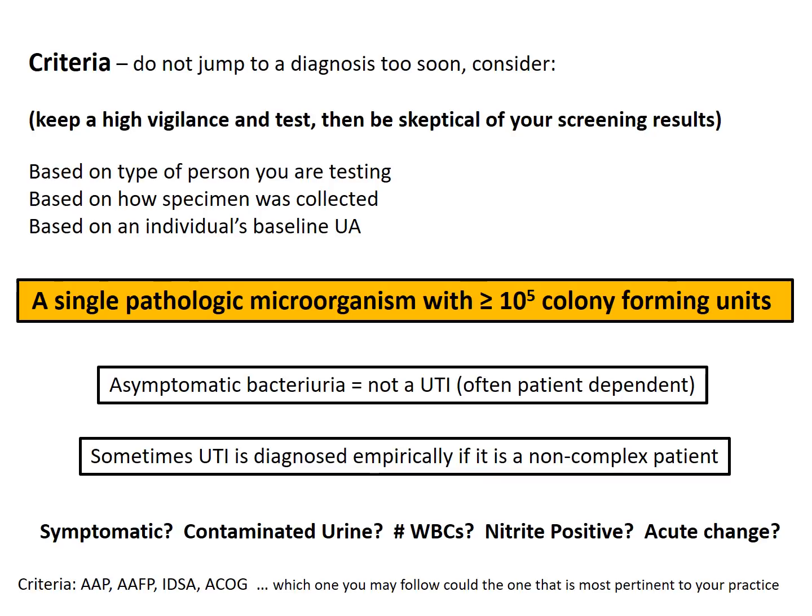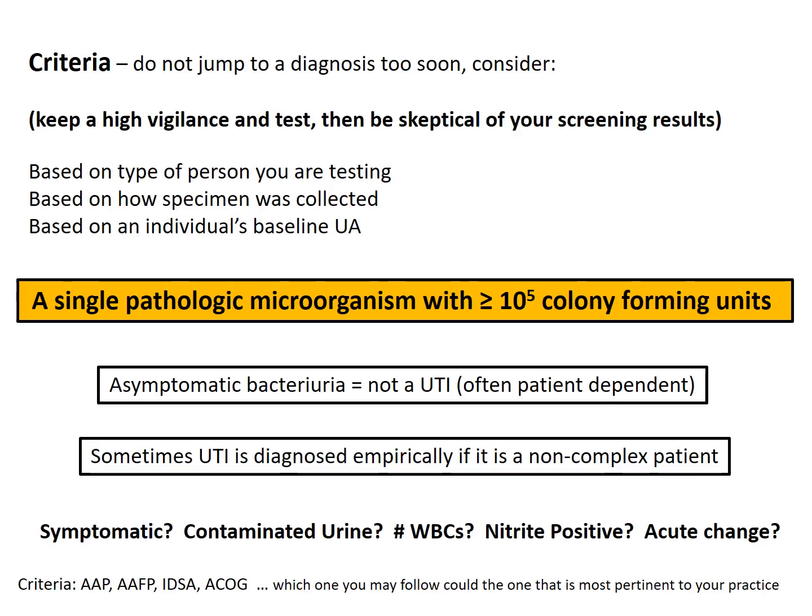The gold standard for diagnosing a urinary tract infection is a single pathologic microorganism growing at greater than 10 to the 5th colony-forming units in a culture. That is the gold standard for diagnosing a UTI. Can you diagnose a UTI without the culture? Yes, you can, but just be careful.